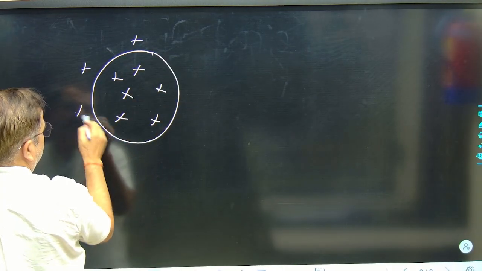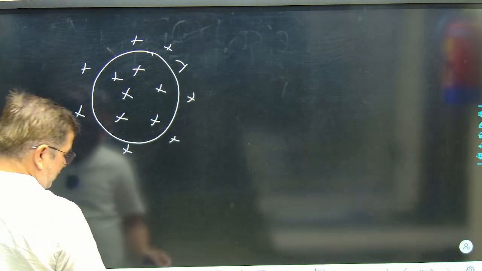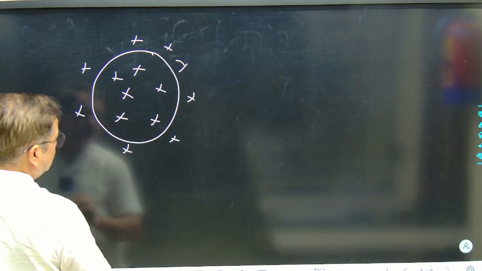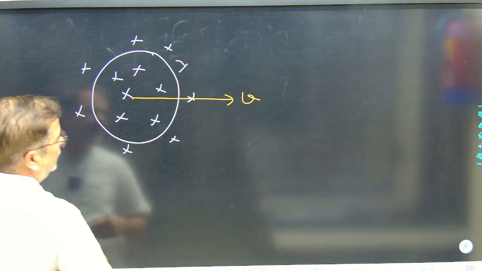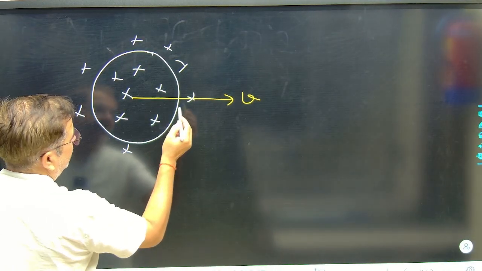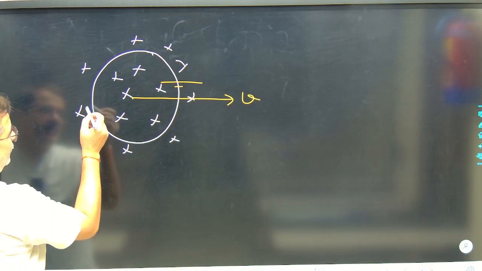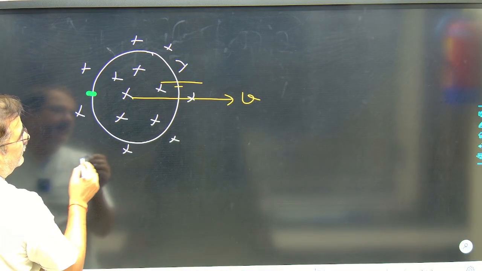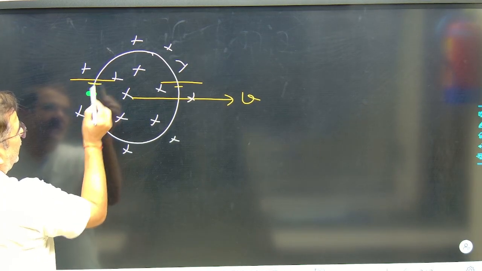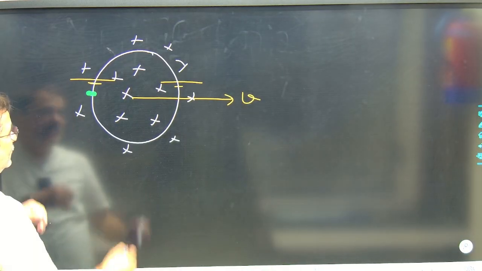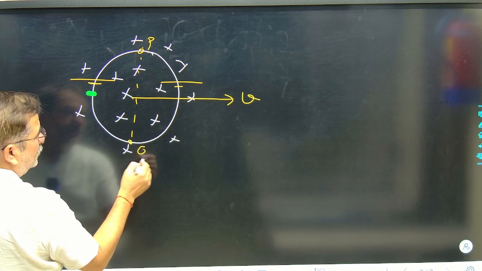what will happen? See, this closed conducting loop is moving in the field, and say the velocity is V. With the velocity V it is moving. What will happen now? With the velocity V, if I see V cross B, there will be induced EMF developed. Polarity of the rod, here it will be this. But subsequently you find at the back end, here also one EMF will be developed, and this EMF will be like this. Correct? It is the second EMF. So what you will find, due to two ends, say P and Q, two EMFs are developed.